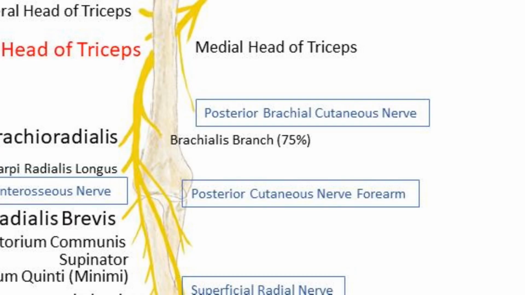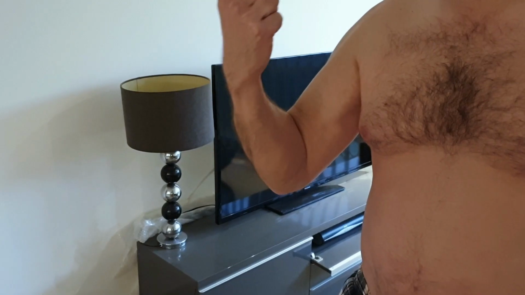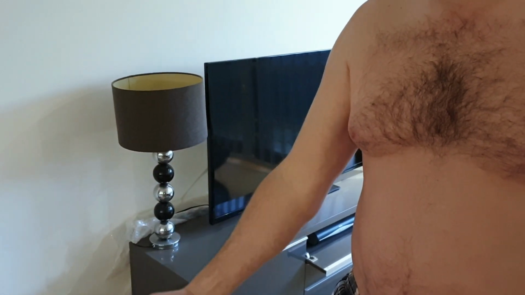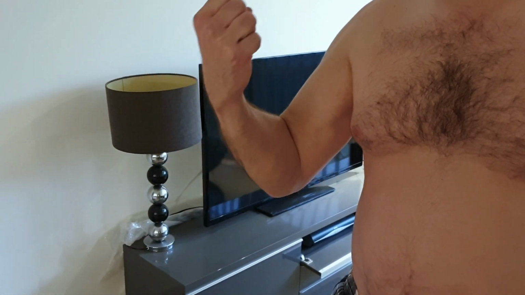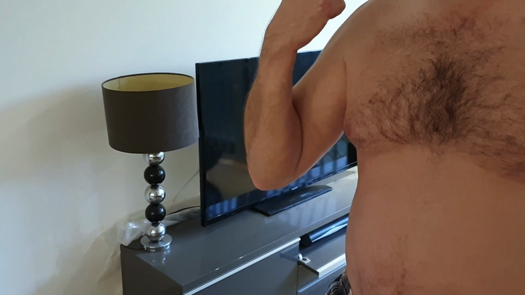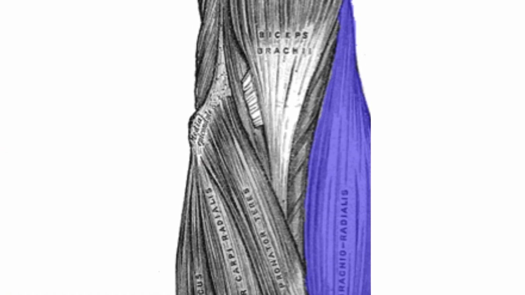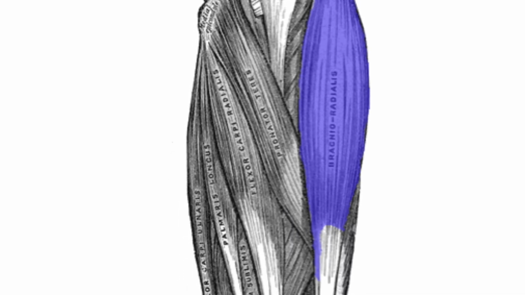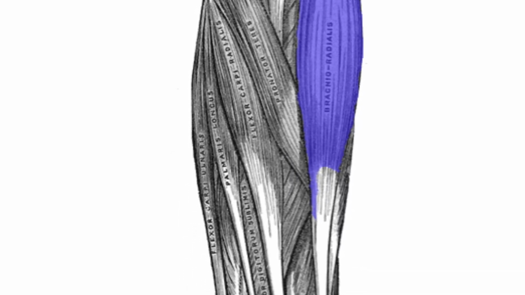And just above it, you can also see for 75% of people will also throw off some innervation from the radial nerve to the brachialis muscle, which is otherwise innervated by the musculocutaneous branch. So the brachioradialis is a very important muscle in terms of our localization, and the reason for that will become apparent pretty soon.